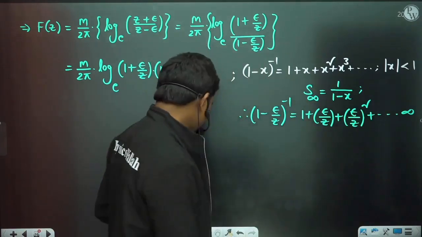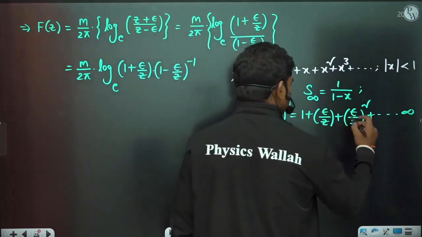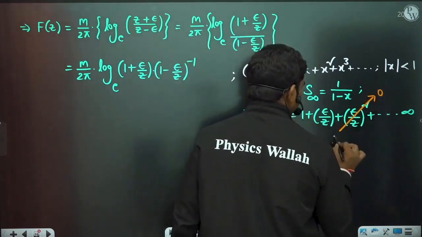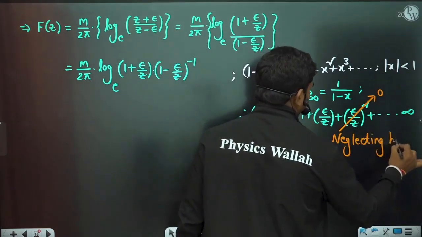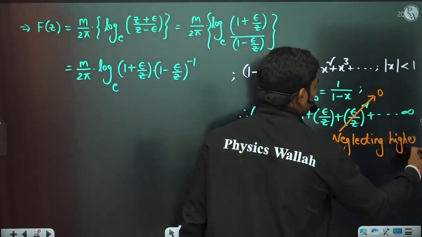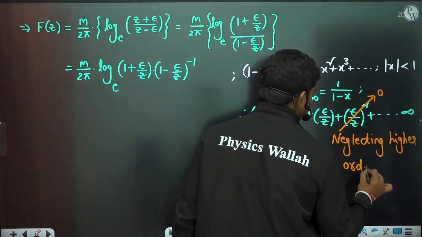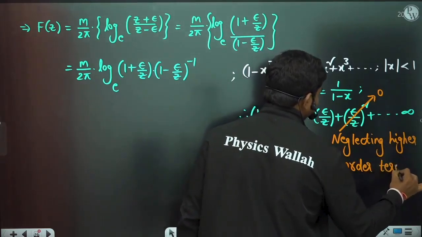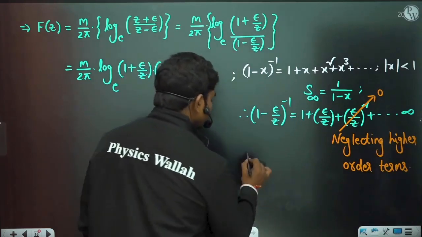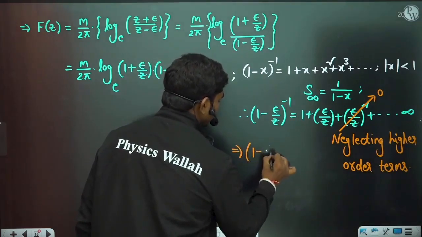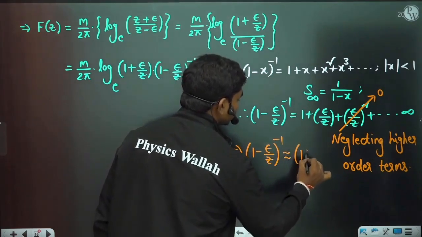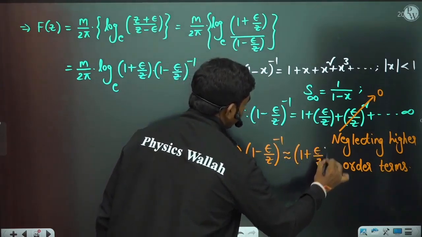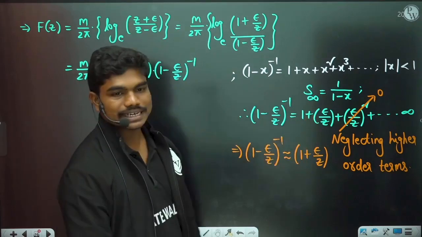So if we neglect these higher order terms, then 1 minus epsilon by z whole power minus 1 is equal to 1 plus epsilon by z is what you have here.